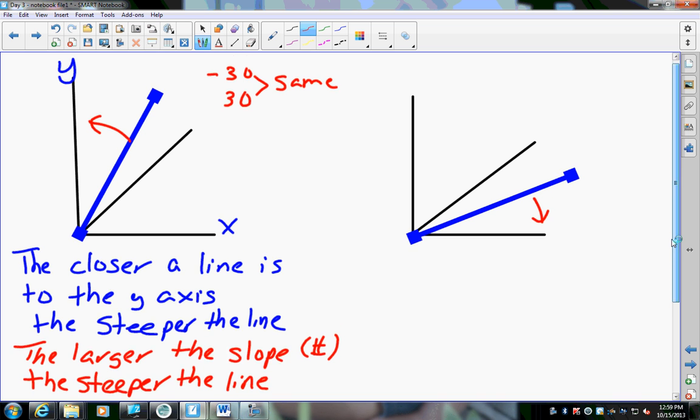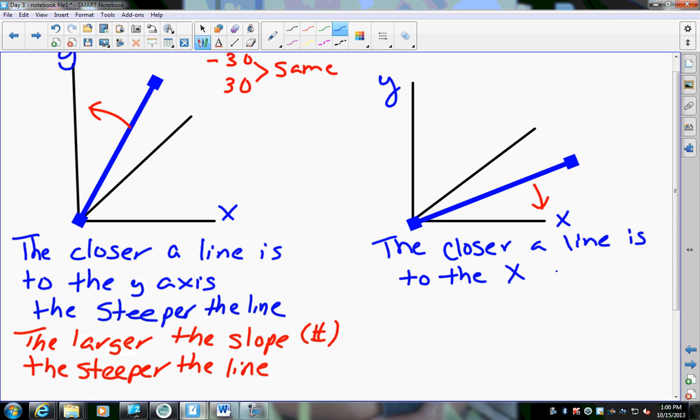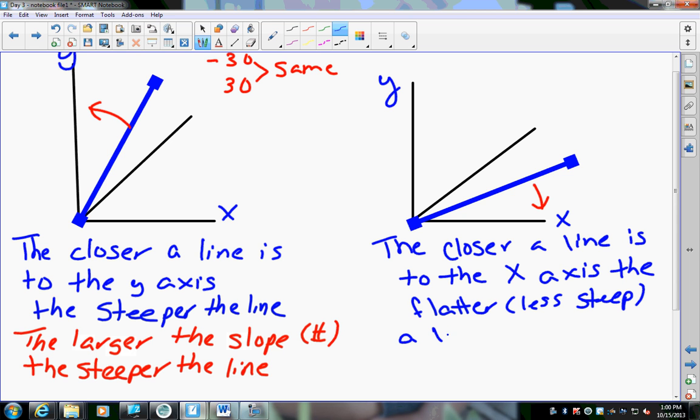Now, on the flip side of that, the closer a line is to the x-axis, the flatter, or we can say less steep, a line is.